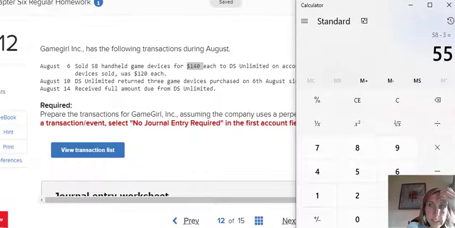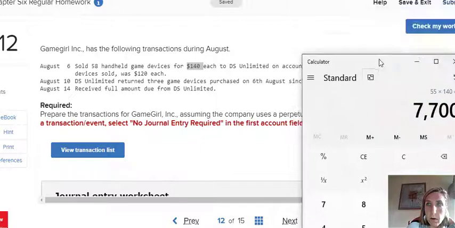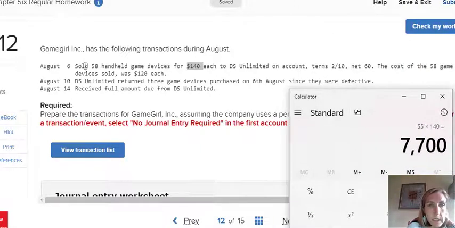So really, it's 55 units that the customer owes you for, and you were charging them $140 per unit. And it said August 6th, there was a 2% discount eligible to the customer if they paid within 10 days. They're paying on the 14th, so that is within the 10-day time frame. 16th would be the last day to pay and take advantage of that discount.